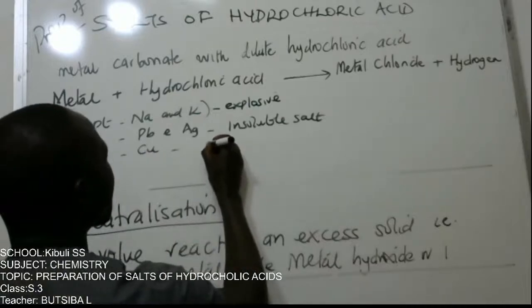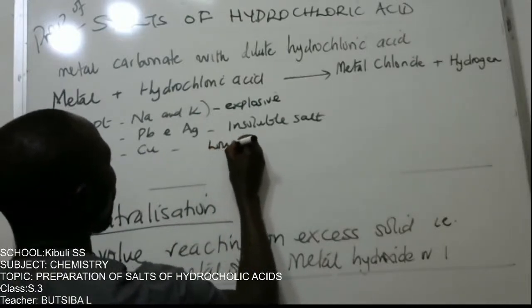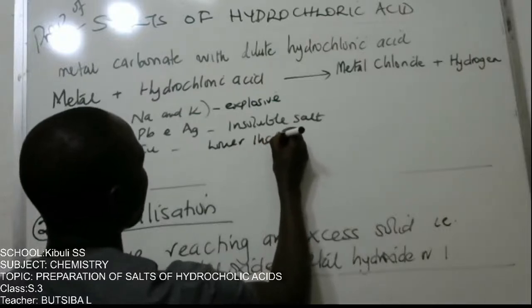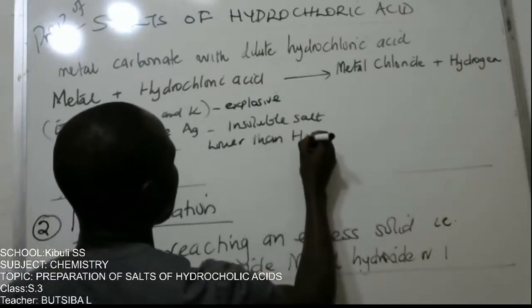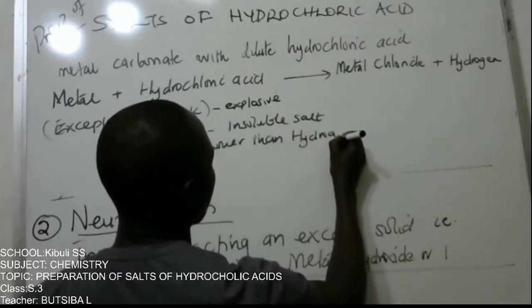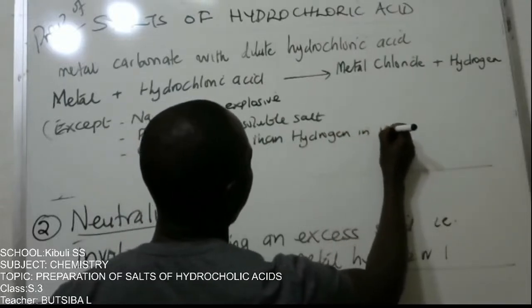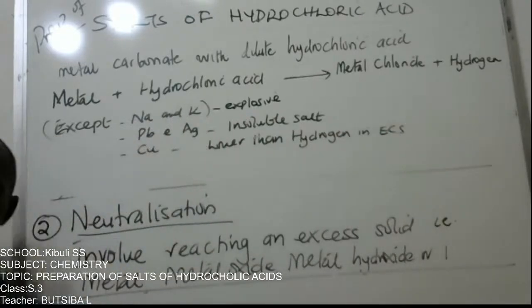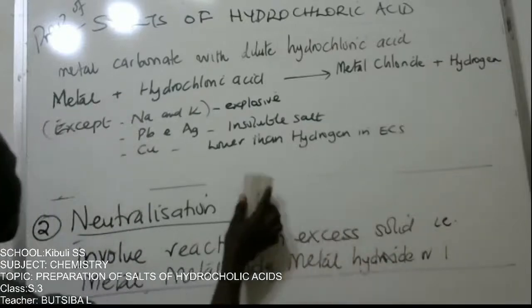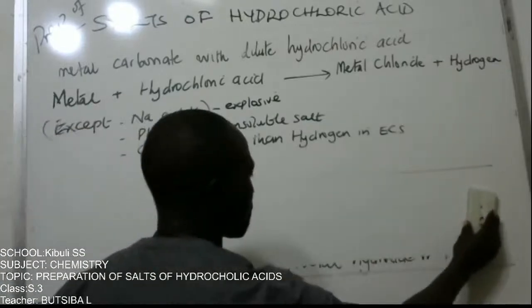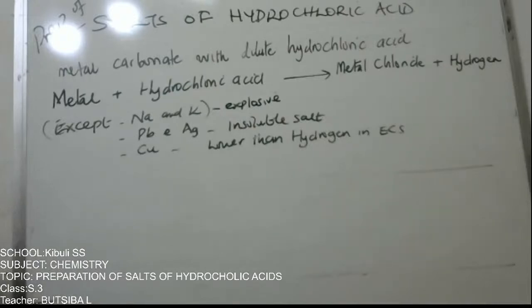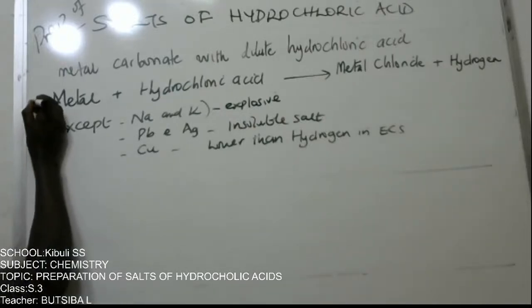This time copper is lower than hydrogen in the electrochemical series, so displacement cannot take place. You can think of another equation now and write, but we are refusing these 5. So that is category number 1.